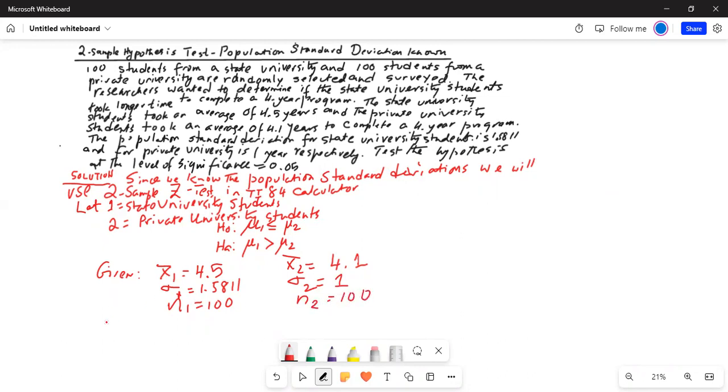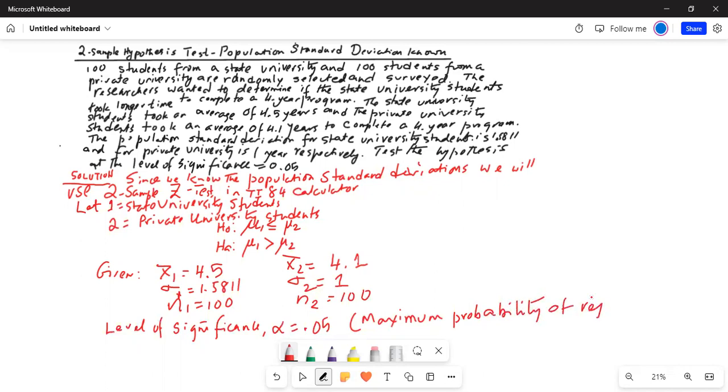Also, level of significance alpha is 0.05. Remember, this is the maximum probability of rejecting H0 when it is true.